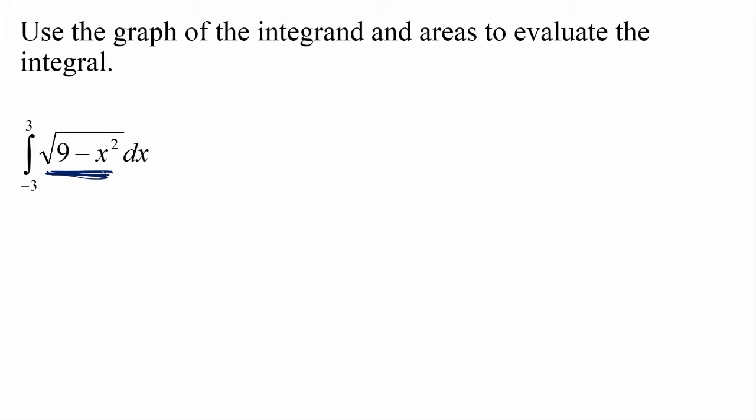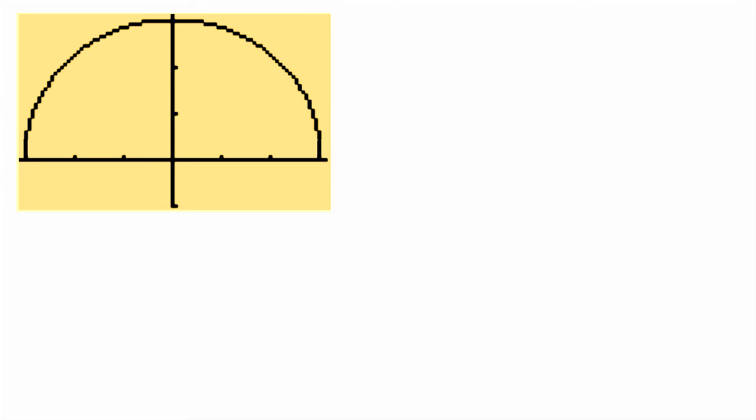So let's take a look at the graph of square root of 9 minus x squared. Here's the graph of our function, and we're being asked to find the area under this curve from -3 to +3.